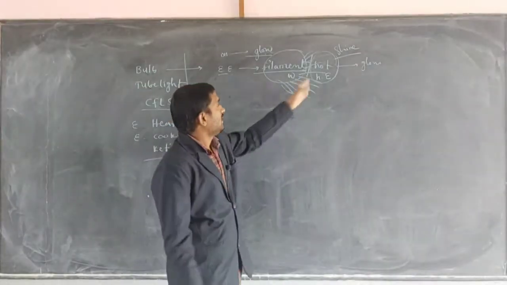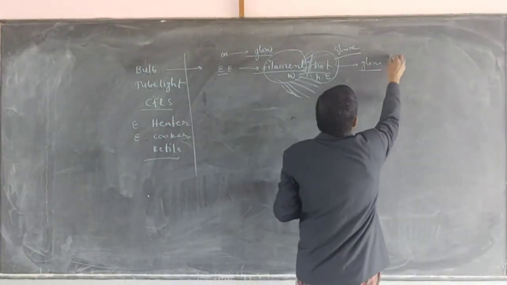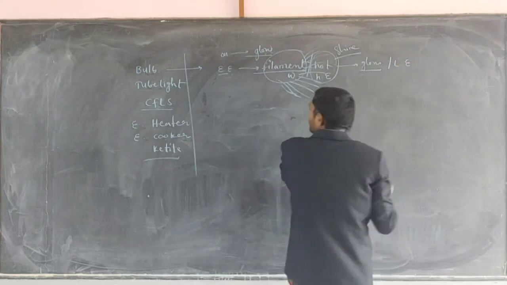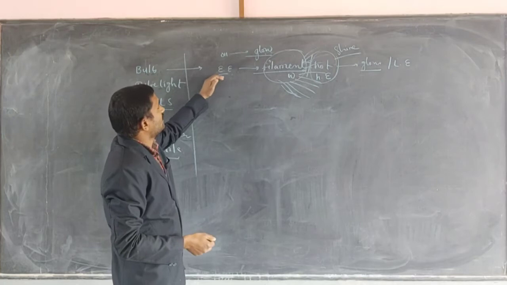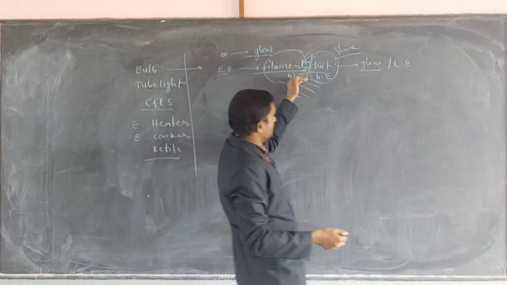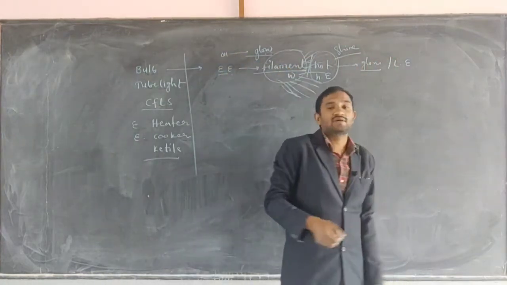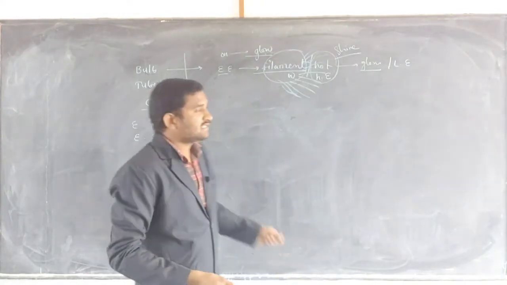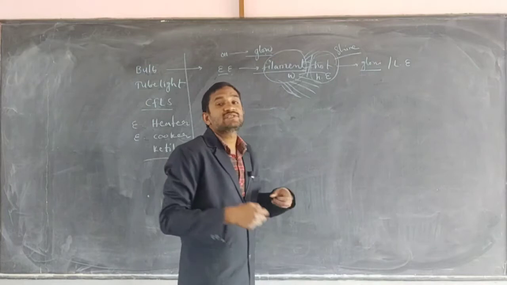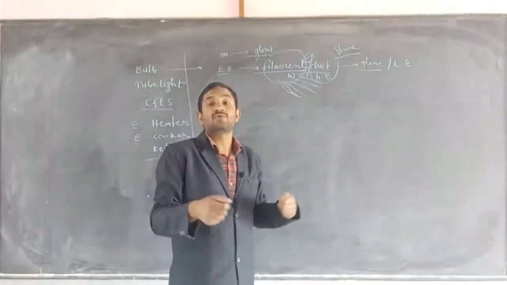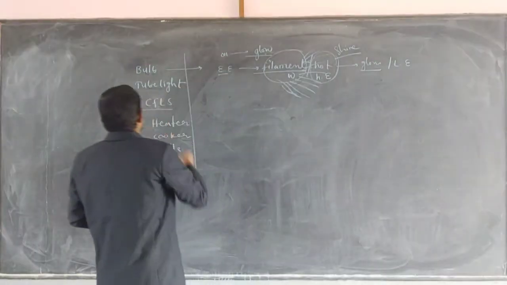We have to keep that in mind. In a fraction of a second it becomes hot and starts to give light rays outside. That is what we have to keep in mind.